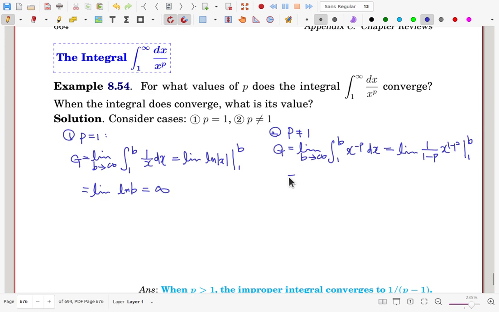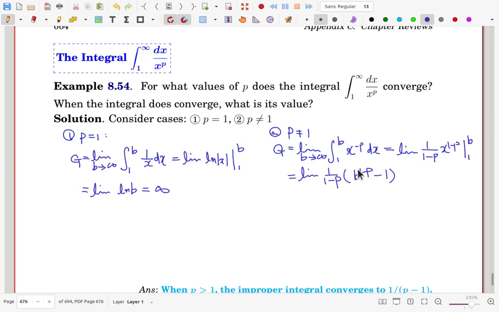So this is the same limit, and then there is 1 over 1 minus p, and then once it is b, b to the 1 minus p, and once x is 1, there is 1, right?